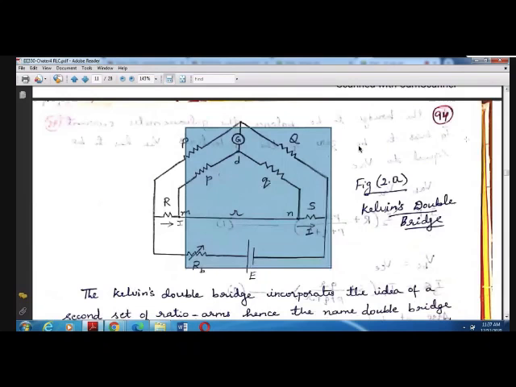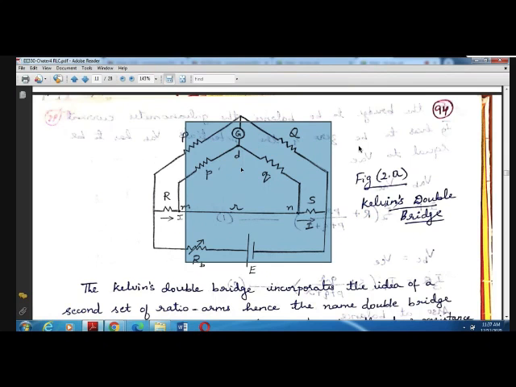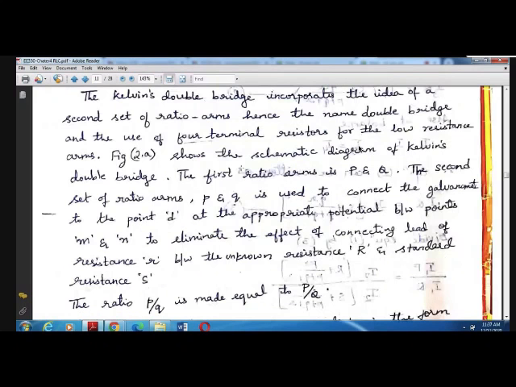So the outer ratio arms, inner ratio arms are connected. So the galvanometer is connected in between this outer ratio arms and the inner ratio arms. You can see, so for connecting this galvanometer, we have used another set of ratio arms, that is the second set of ratio arms, which is denoted by small letters, that is p and q.